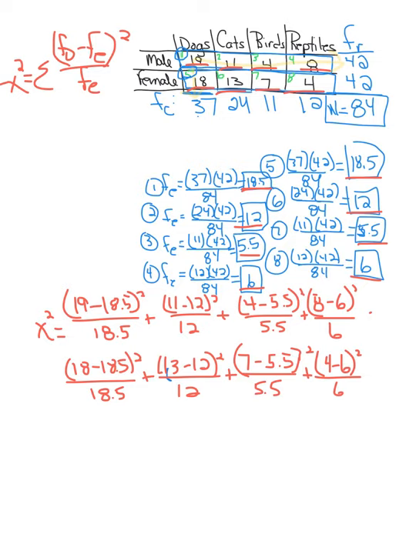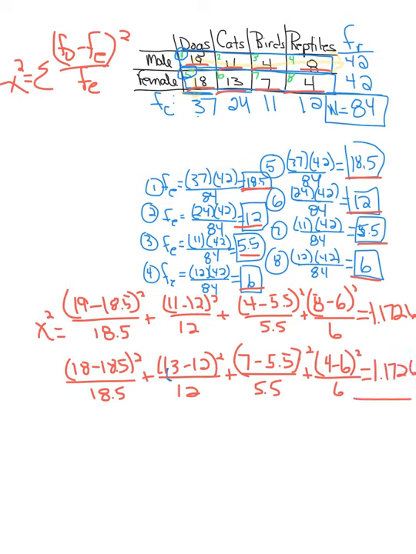Okay, so something that I did is I split it up and I did each of the rows, just to make my life a little easier. So for the first 4 cells, I got 1.1726. For the last 4 cells, I got 1.1726.